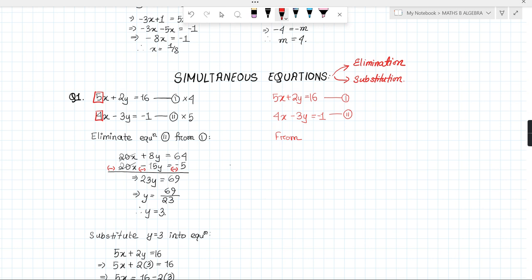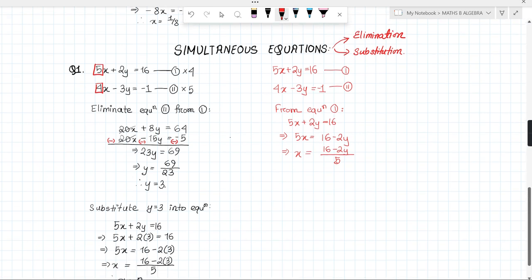From equation 1, 5x plus 2y equals 16, and if I make x the subject, 5x equals 16 minus 2y, and the equation for x would be 16 minus 2y divided by 5. So this is the equation for x. Now we are going to label this as equation 3.